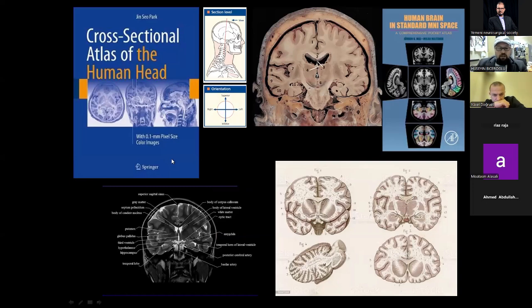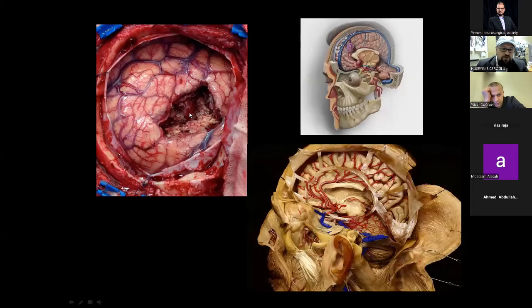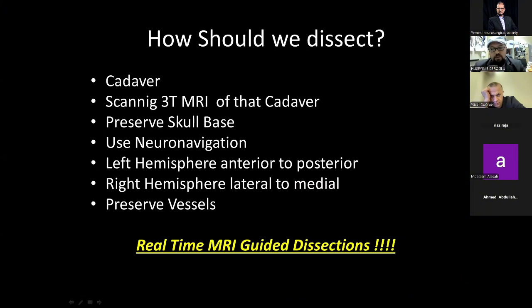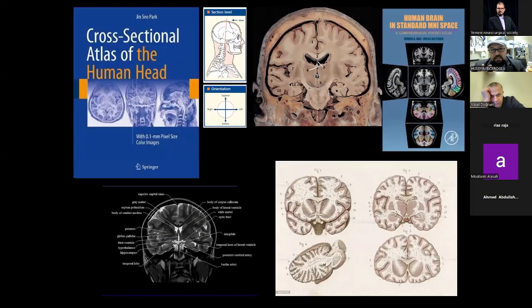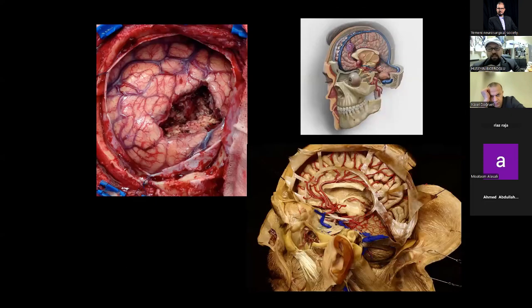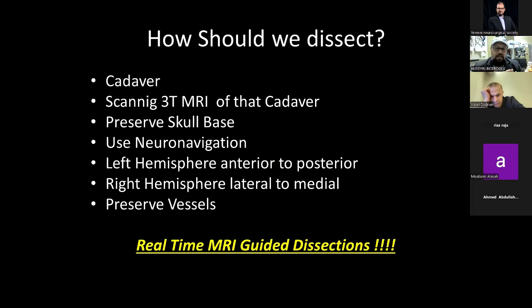Now we are learning anatomy with cross-sectional atlases, and also from surgeries, and also from dissections. But we also use MRI scans. So in order to understand the anatomy of the brain, let's use MRI with the dissections.